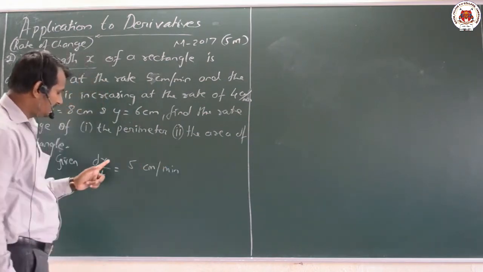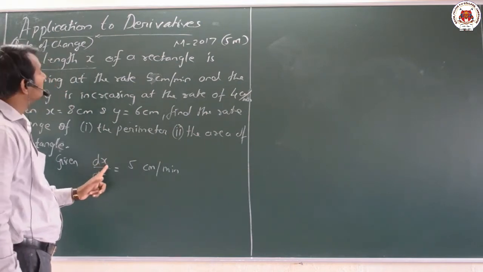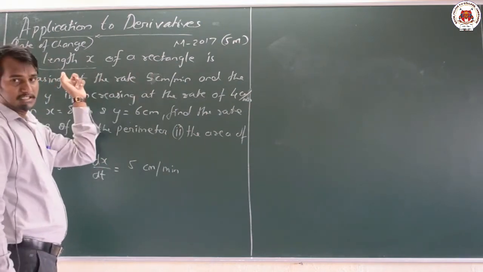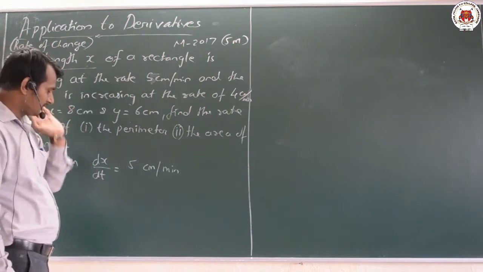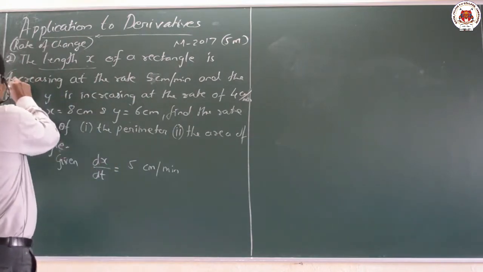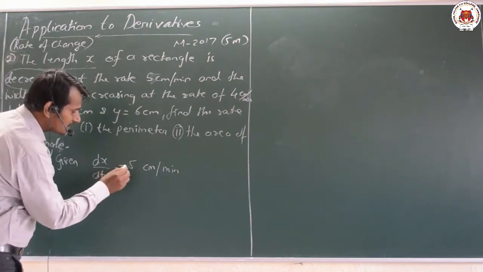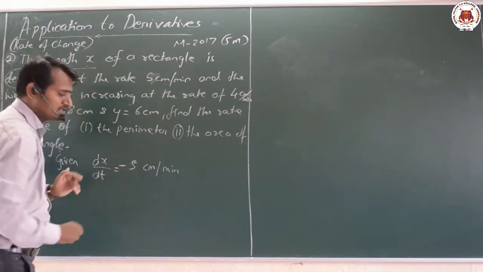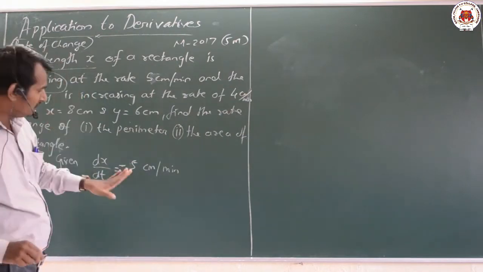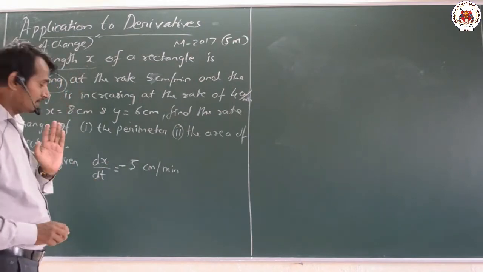That means given dx by dt, the rate of change. That's why I have taken dx by dt, where t is time and x is nothing but the length of the rectangle. One more thing we have to pay attention to: it is decreasing. Decreasing means we have to take it as a negative sign. That is a very important point here.